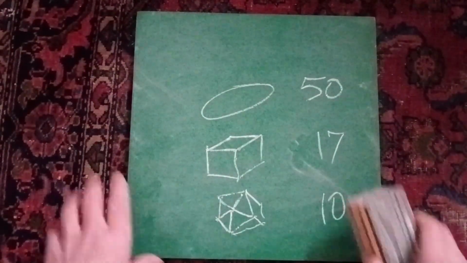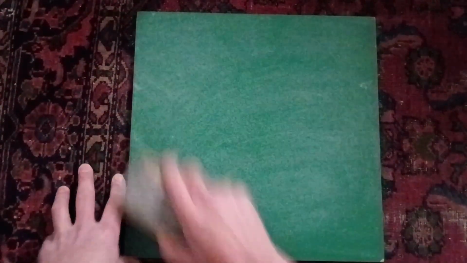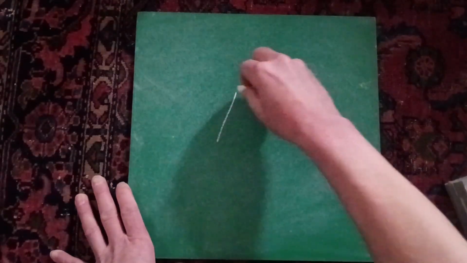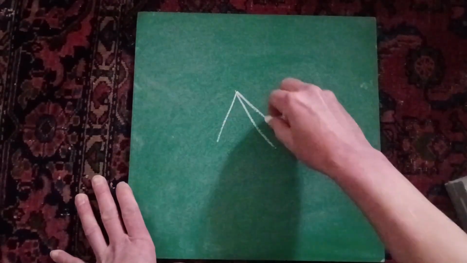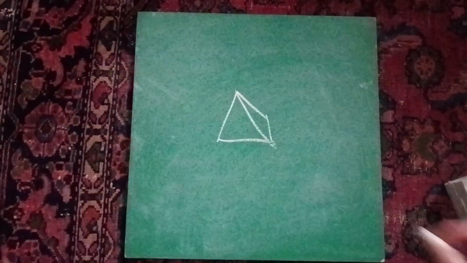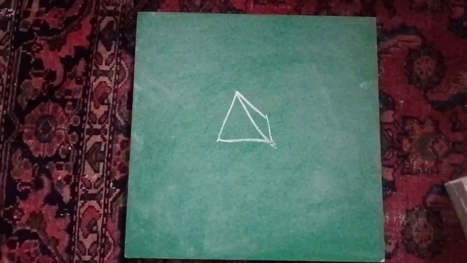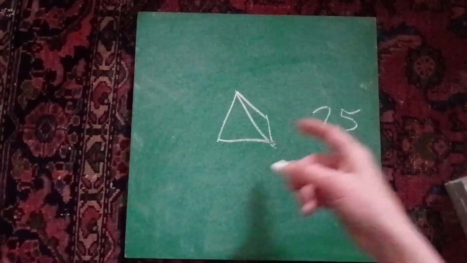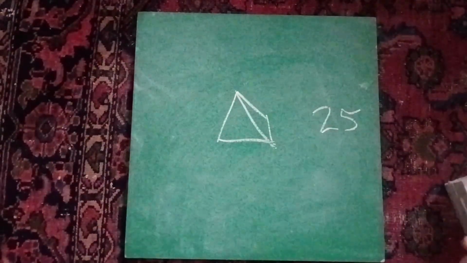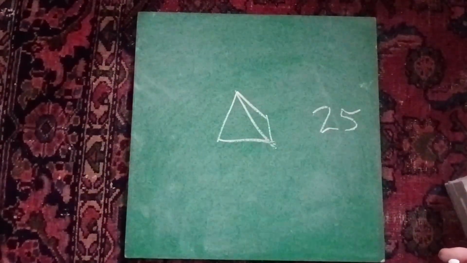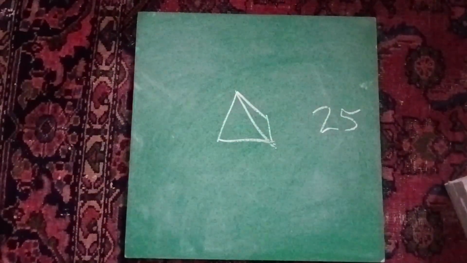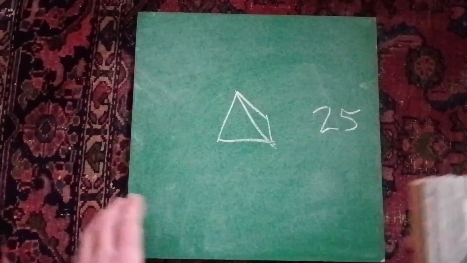Then there's also a four-sided die. So you have four triangles, and that's a 25% chance that it'll land on any one of those sides. I don't think there's a five-sider necessarily, though you can try to solve that one too if you like.